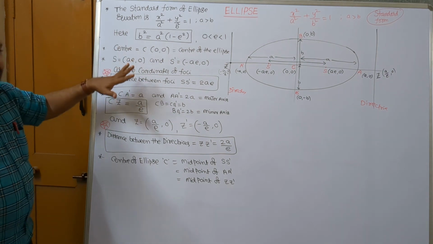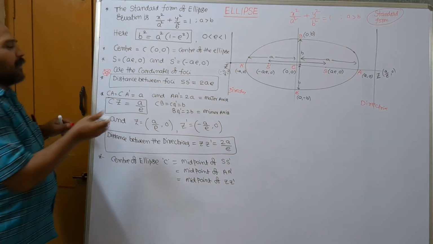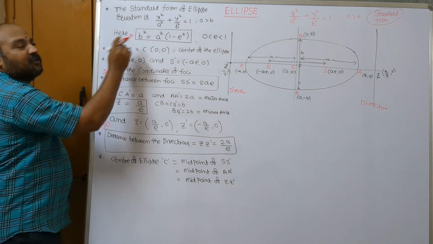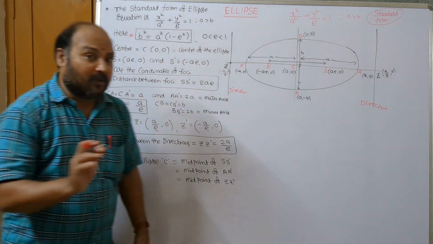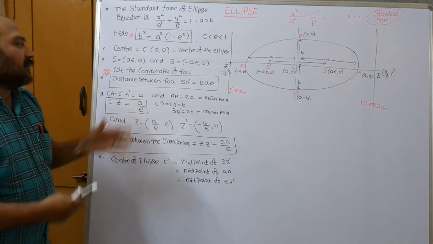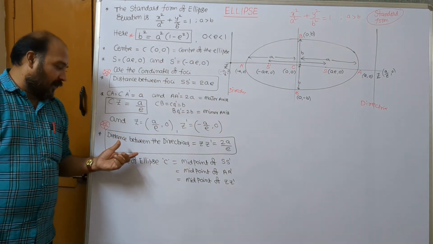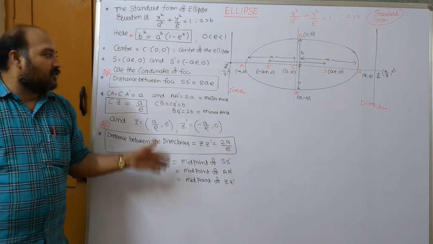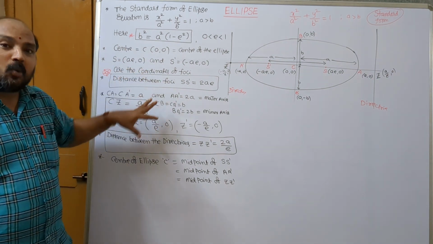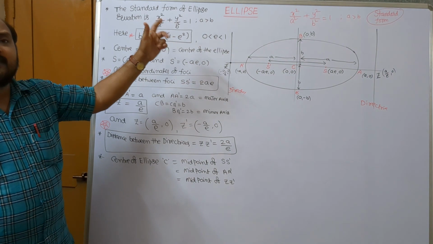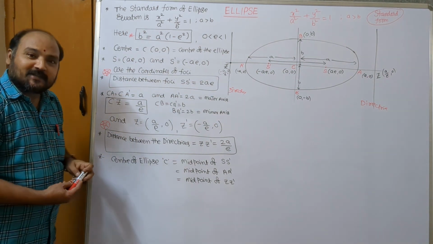But among these, very important, keep in mind every time that for a horizontal ellipse, the b square value is a square into 1 minus e square, and the distance between foci and the distance between directrices. These play a very important role in the concept of learning ellipse. I hope you understand it, students.